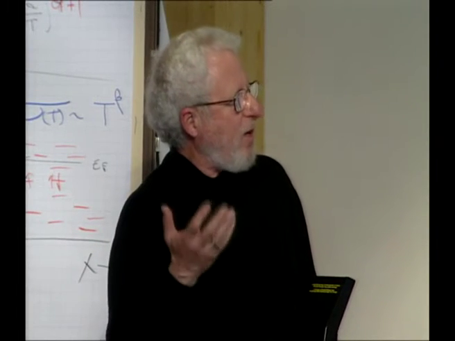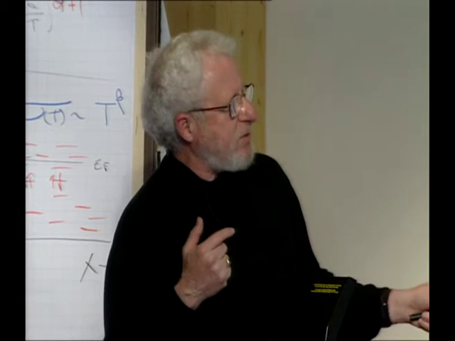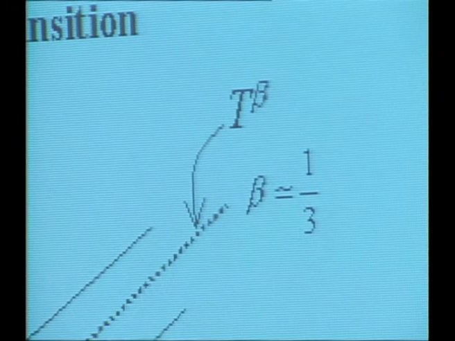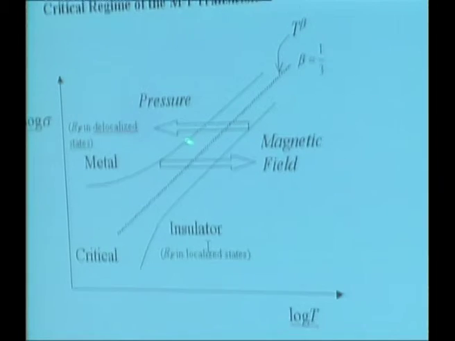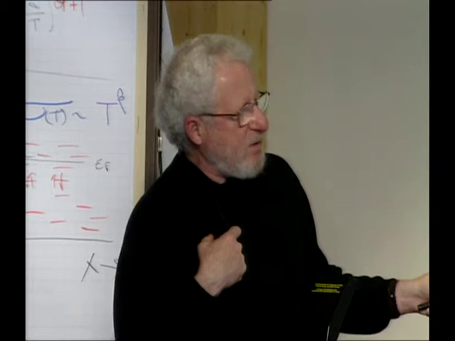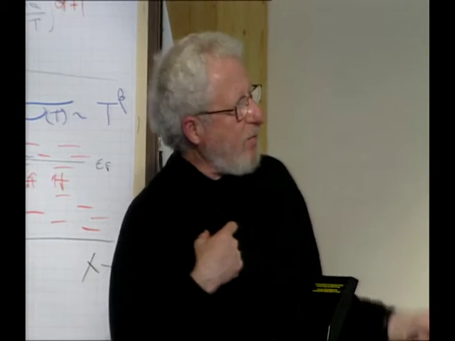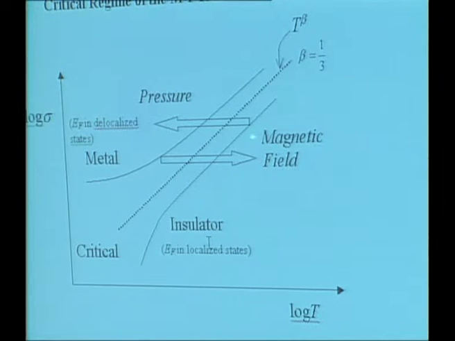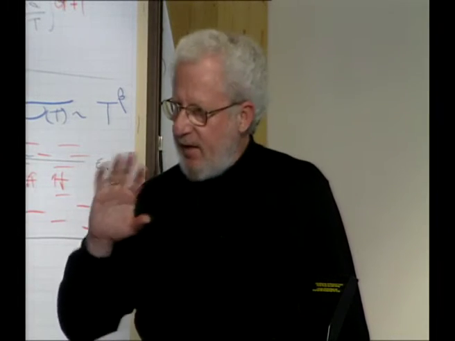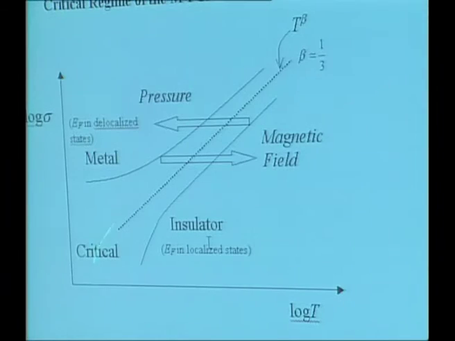So if I can somehow manage to make samples that are in this critical regime, very close to this critical point, maybe slightly on the metallic side, then I can cause that metallic system to become an insulator by putting on a magnetic field. Or if I'm just on the insulating side, I could cause that insulating system, the Fermi glass, to become a metal by these subtle effects. But in order to do that, you've got to be sitting right here on the metal-insulator transition.